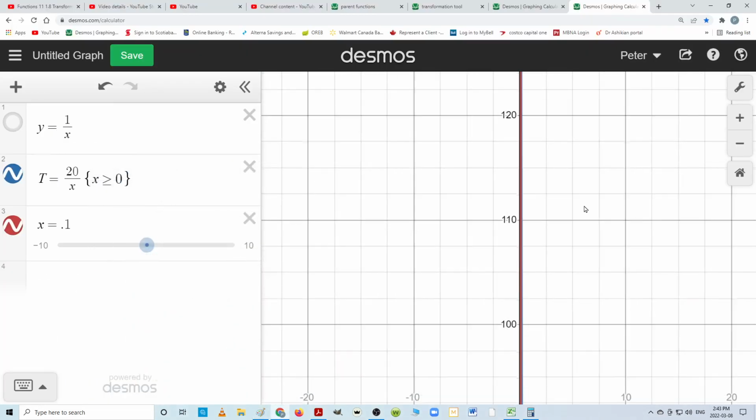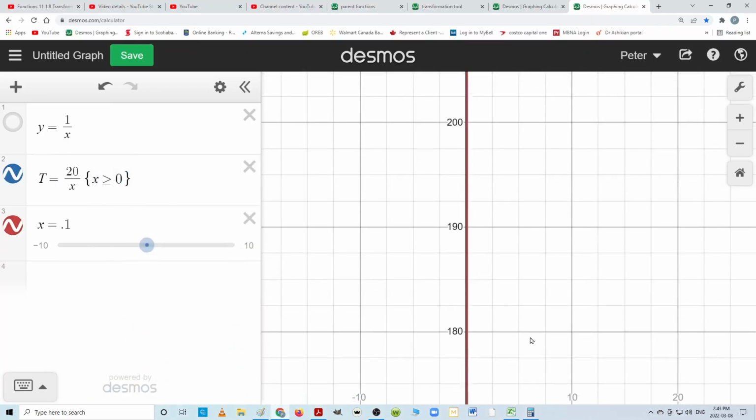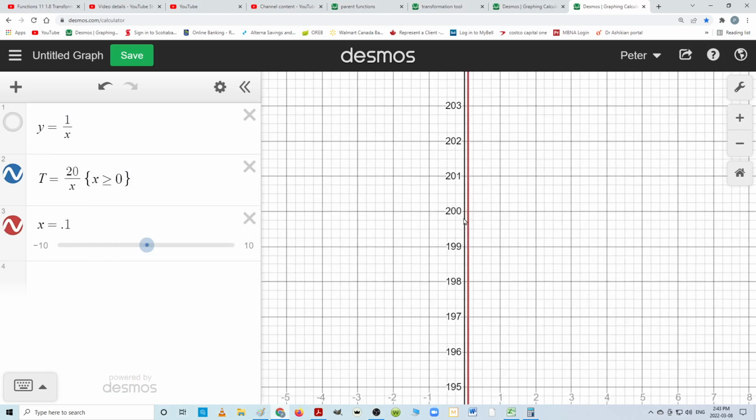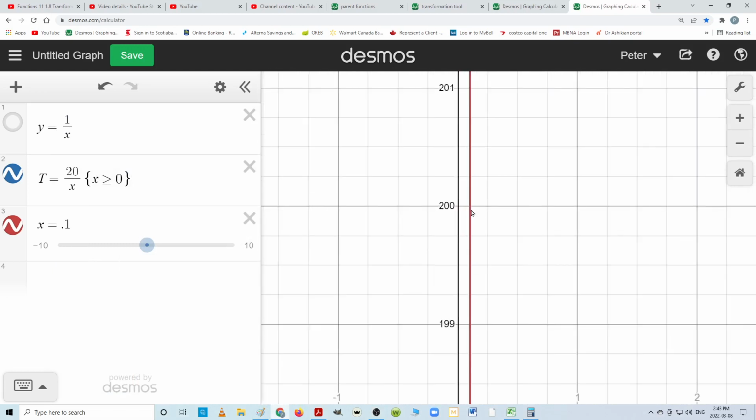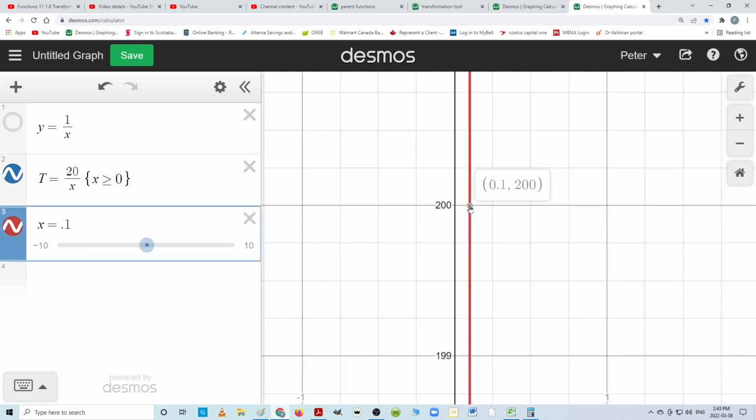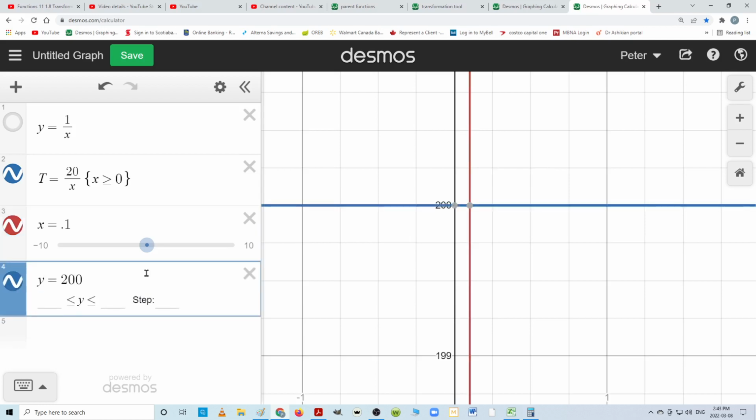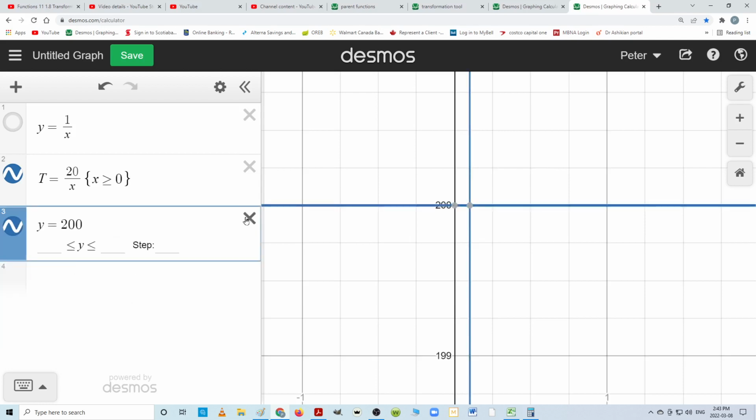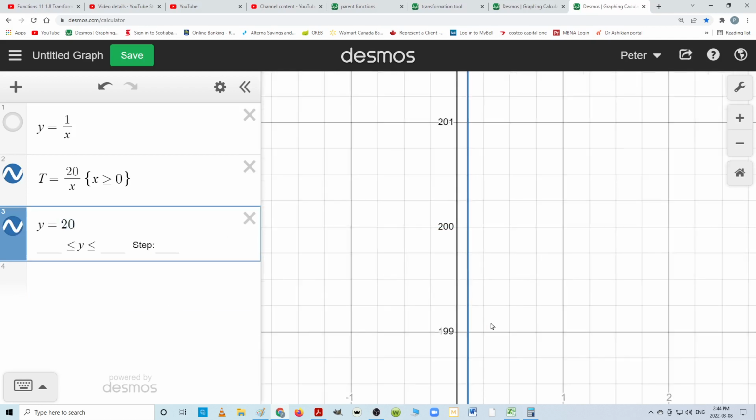At 200, okay. There it is. It would have been easier to just draw y is equal to 200 and find it. Right there. Now let's try y is equal to 20.